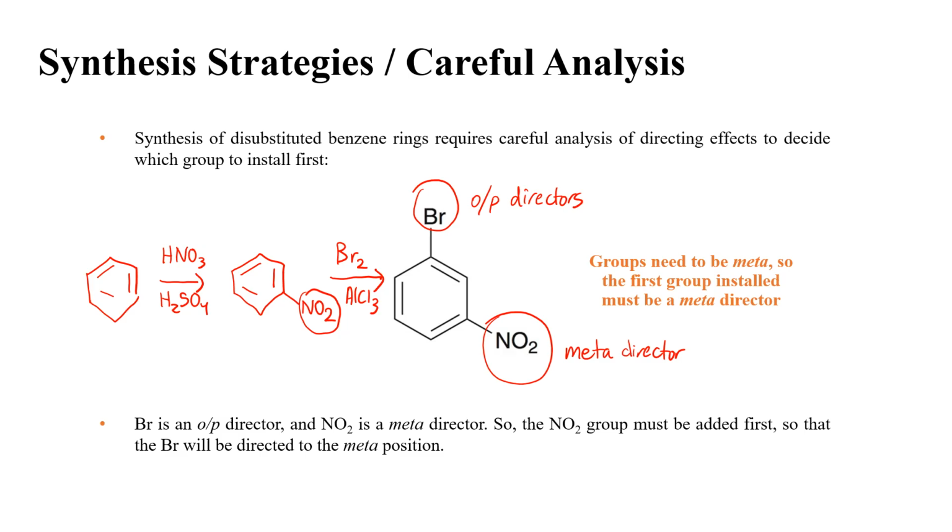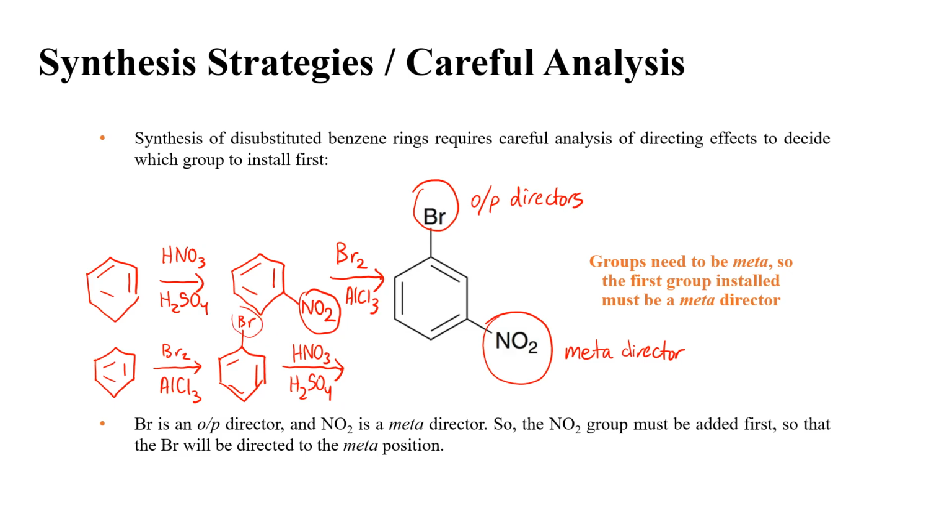Realize if you did this the other way, it wouldn't work, right? If I did Br2 first, and then I did HNO3, H2SO4, to add the nitro group, where's the nitro group going to go?